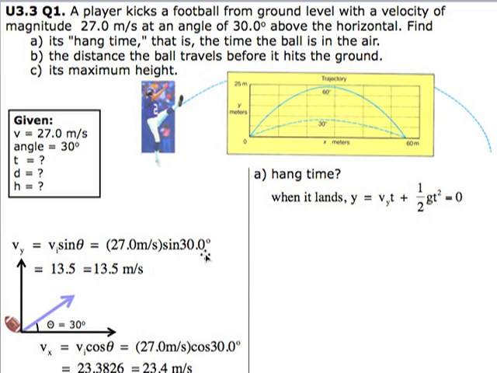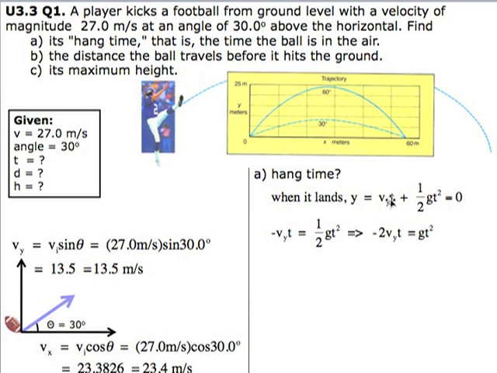What we're going to do is use this equation: y equals Vy, the initial velocity in the y direction, times the time, plus a half g t squared, where g is negative 9.8 meters per second squared. We know y will be 0 right here, since we start at the 0 level and go to 0 level there.